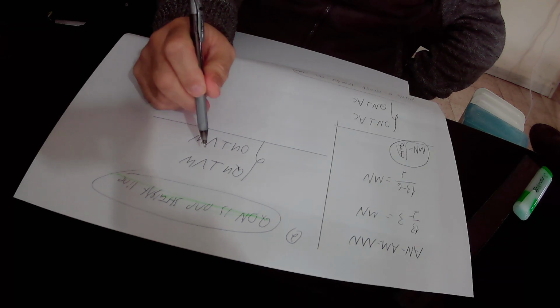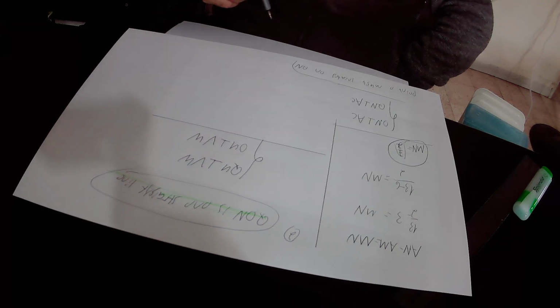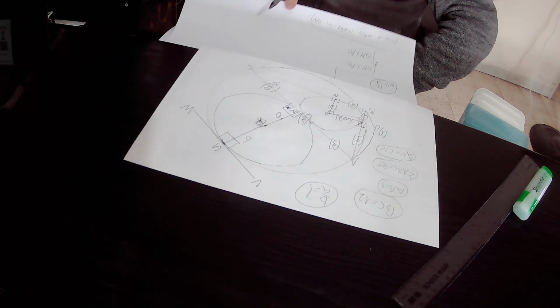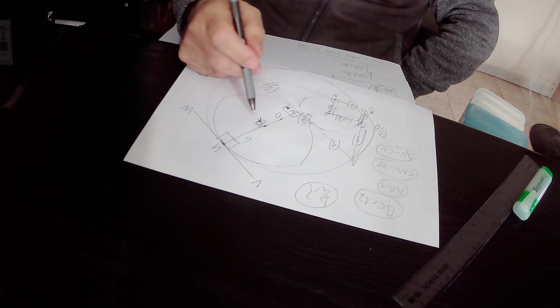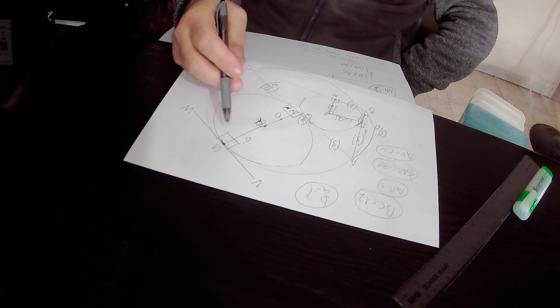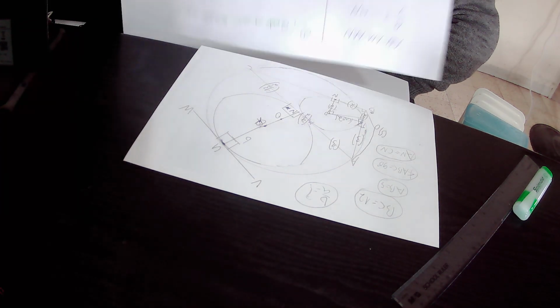And from those two statements, QU is perpendicular to VW and OU is perpendicular to VW, we will derive that OQU is one straight line.